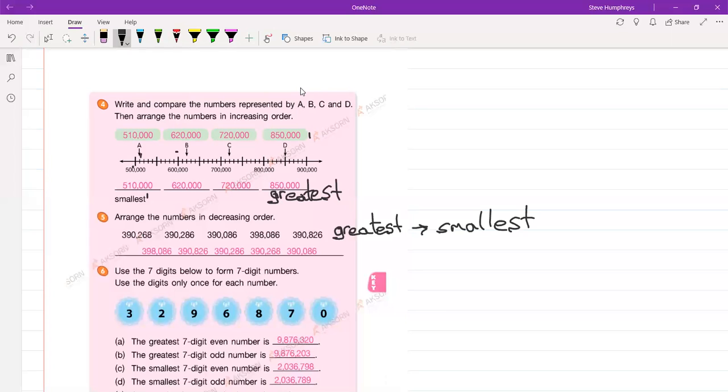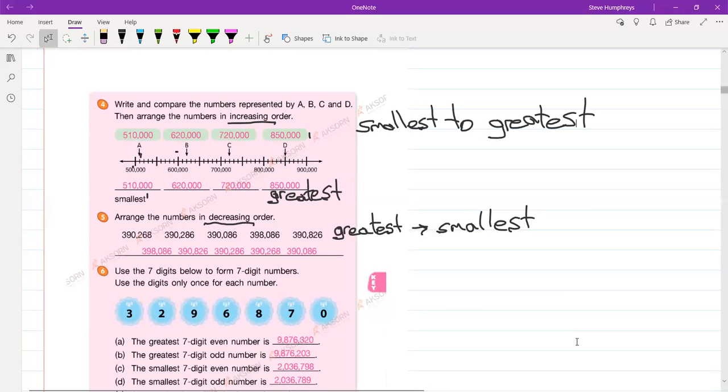Okay, become familiar with what these mean. Decreasing and increasing. Increasing from the smallest to the greatest or largest. And decreasing from the greatest to the smallest.